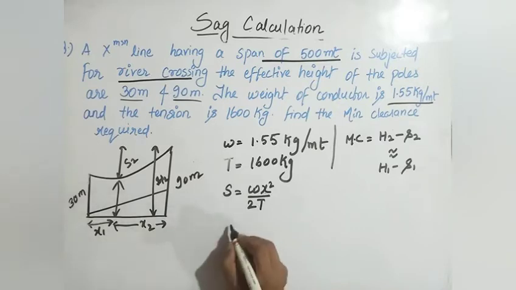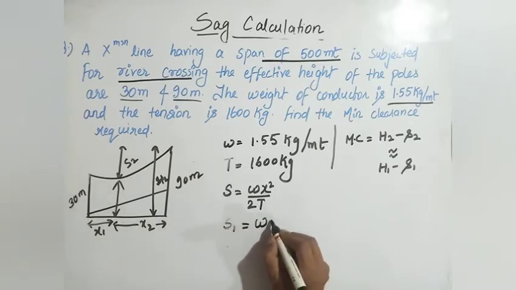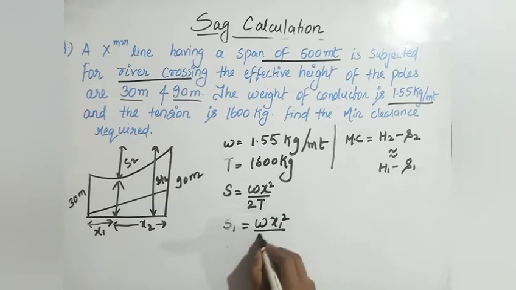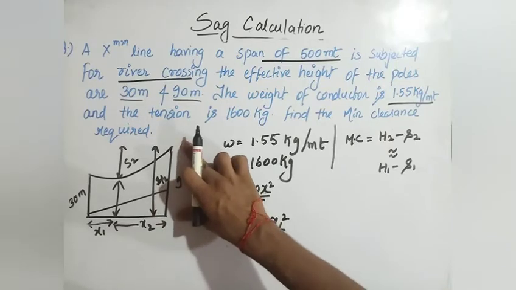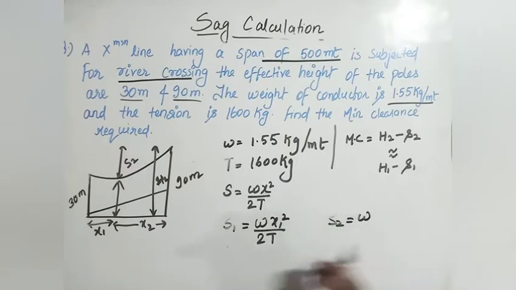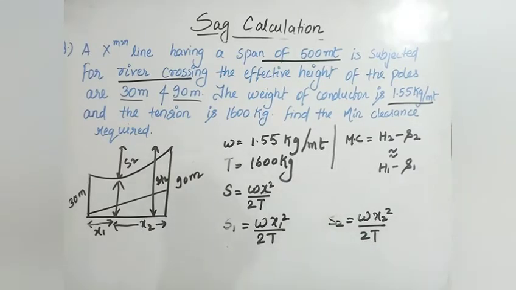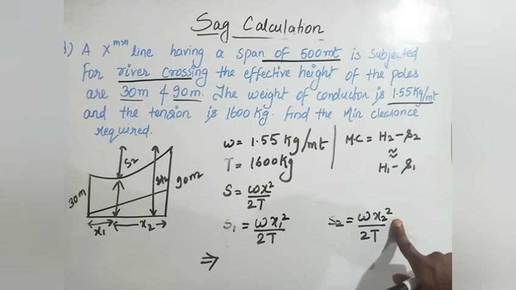So first sag S1 is equal to w x1 square divided by 2t, and sag 2, which we experience from the second support, is S2 equal to w x2 square divided by 2t.